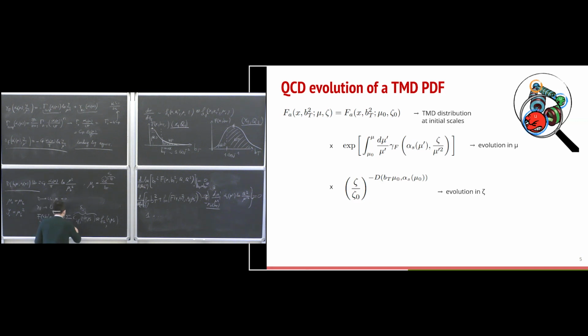It's just the collinear PDF with flavor i. So at leading log, this is just a collinear PDF as a function of x and mu b. This is just to tell you that there is a simpler expression.